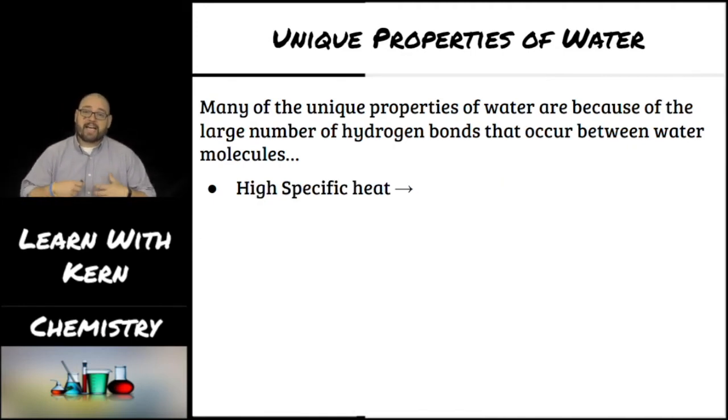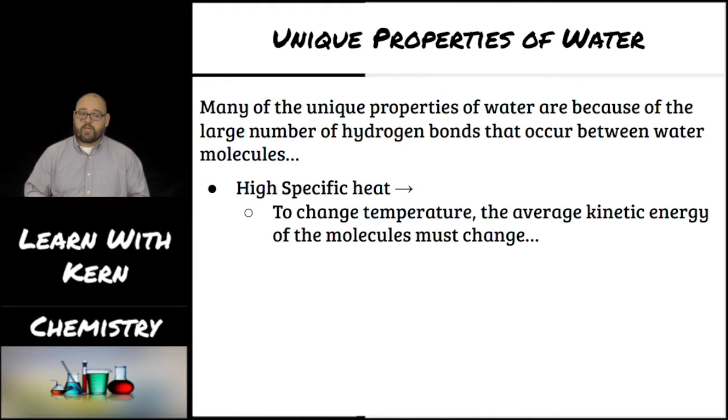Water also has a high specific heat. Now again, specific heat is the amount of heat required to change the temperature, all right? Now to change the temperature, you have to increase or change the average kinetic energy of the molecules. So you have to get them moving faster by adding energy to them, or take energy away and get them to move slower. But the average kinetic energy is the temperature.